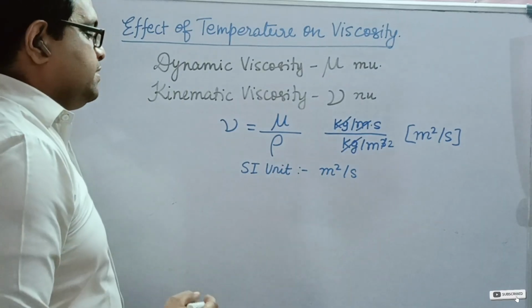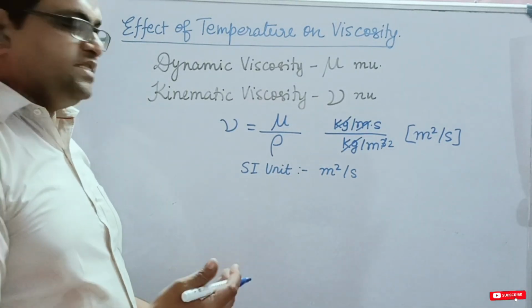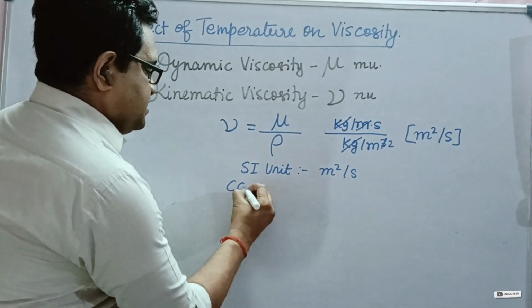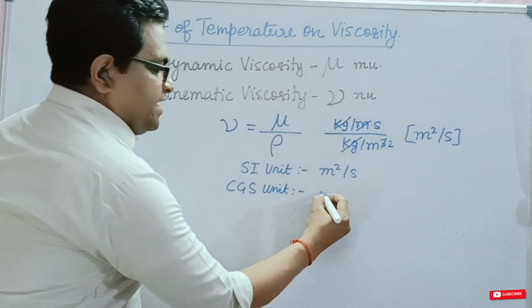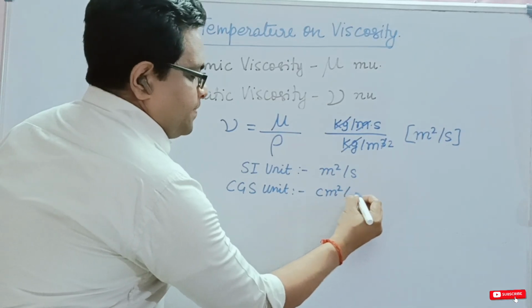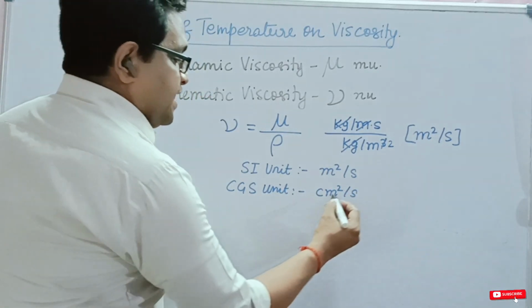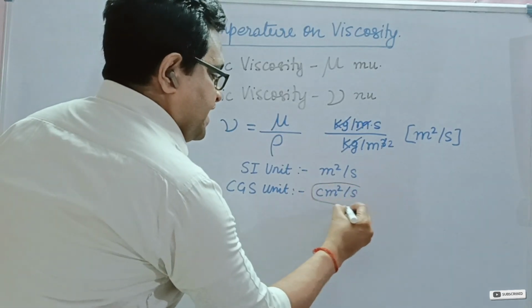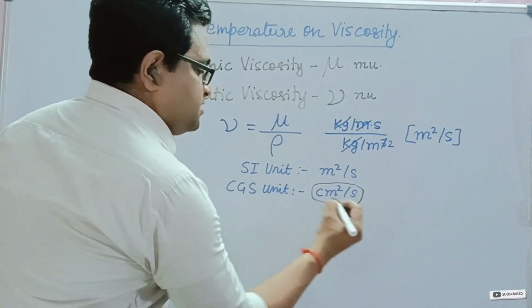However, in the absolute metric system or the CGS system, the unit is centimeter square per second, and it is very important to remember that this centimeter square per second has been given a special name in honor of the physicist Stokes.